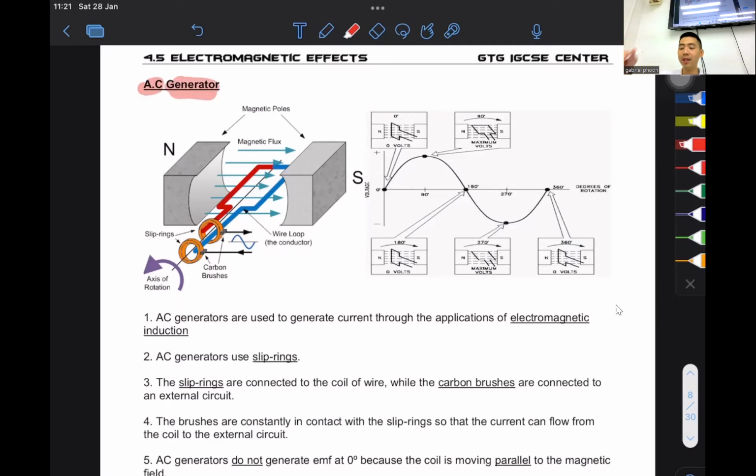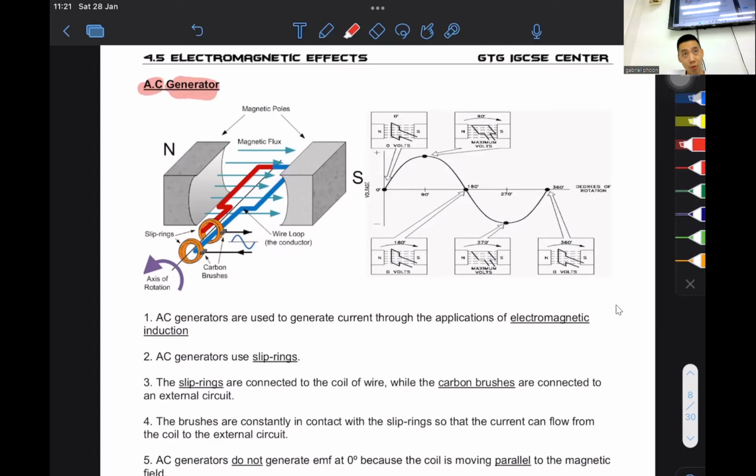In other words, this thing actually supplies electricity to you, and to be more exact, it supplies the alternating current that comes from the wall sockets here. So where do you think will have the biggest AC generator in Malaysia? Which company do you think owns the biggest AC generator in Malaysia?